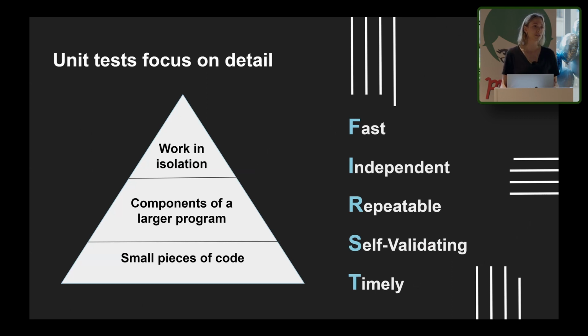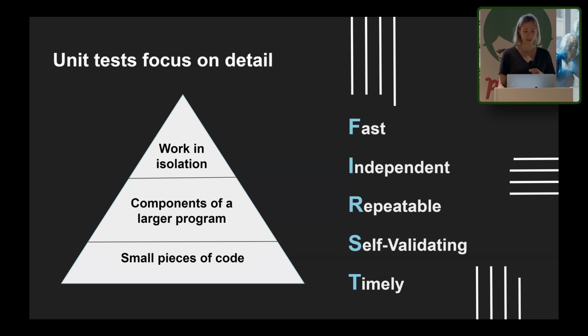They don't view it as a whole working program, but rather as a combination of individual pieces. This relates to the third feature, which is that unit tests work in isolation. They don't depend on any external libraries, but also they don't depend on any other piece of your code.